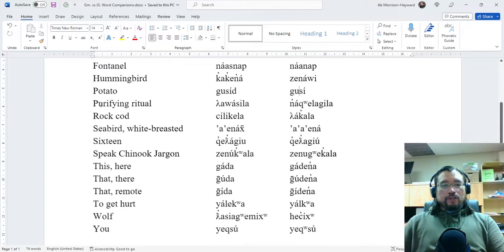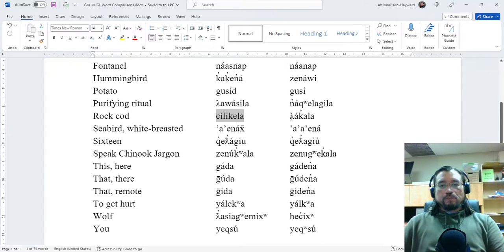The purifying ritual in xaisla, xaisla. Xenaksiala, xenaksiala. The next word, rock cod. In xaisla, xaisla.